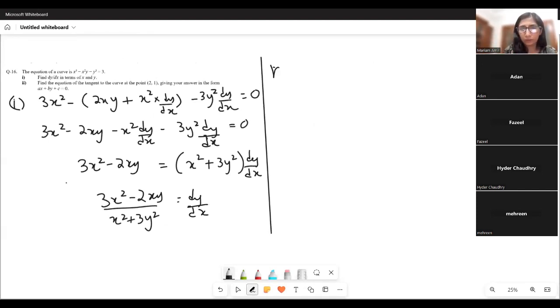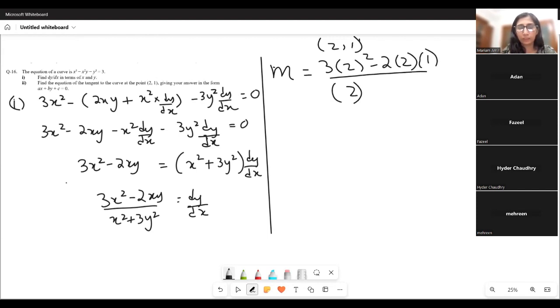So m is going to be 3 times 2 square minus 2 times 2 times 1 upon 2 square plus 3 times 1 square. Can you tell me what this comes to? Ma'am, 8/7 is the answer. Okay, 8/7.